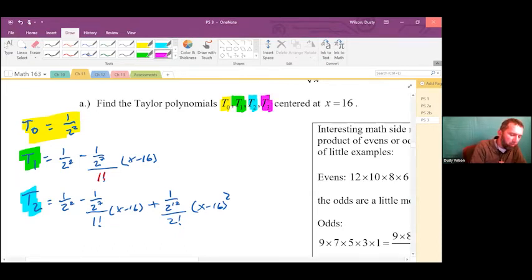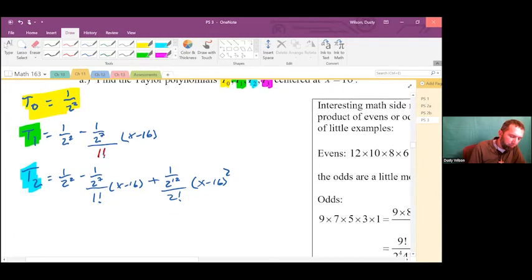In T3, same thing is going to happen. So we'll have T3 equals 1 over 2 squared. Maybe we could clean this up a little bit.